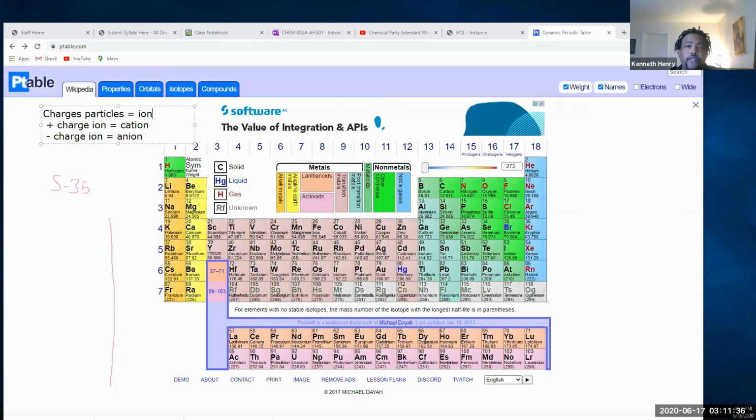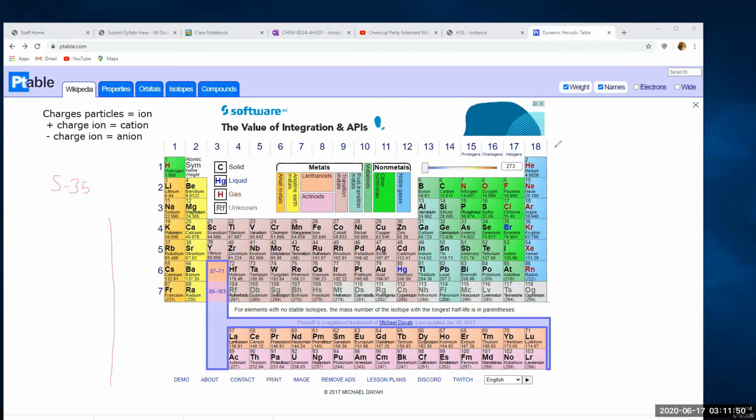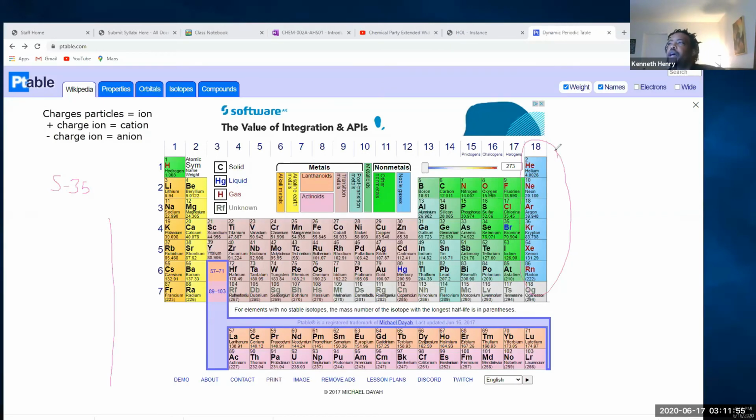Okay, so let me give you a hint on how we define what's going to be positive and what's going to be negative. You guys are familiar with the noble gases? These guys are the noble gases. Now I want you to think about it and tell me your definition. I got a lot of interesting definitions earlier today.